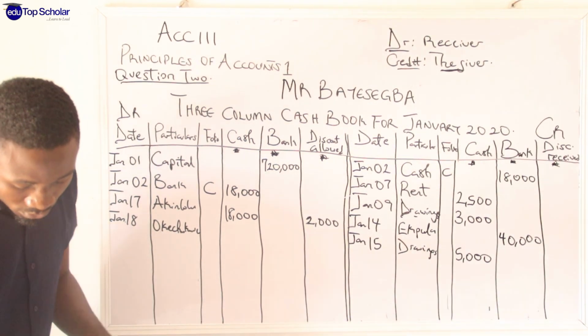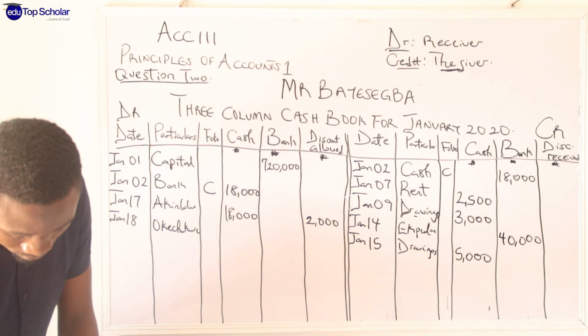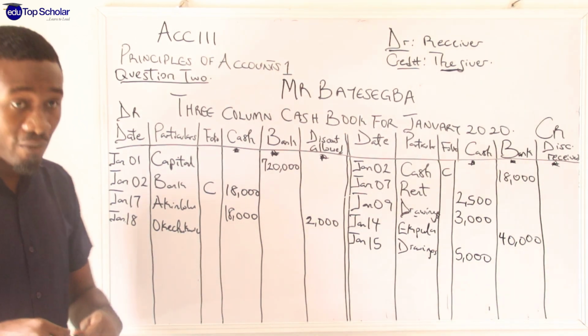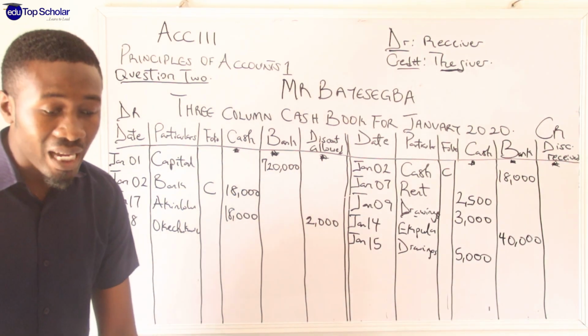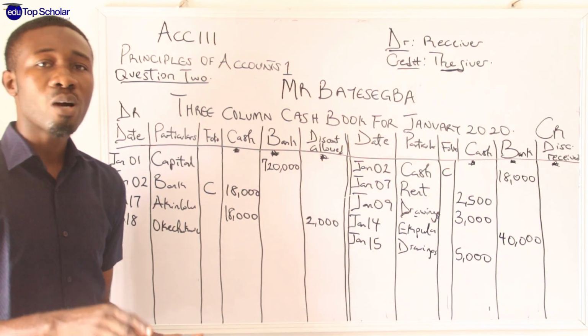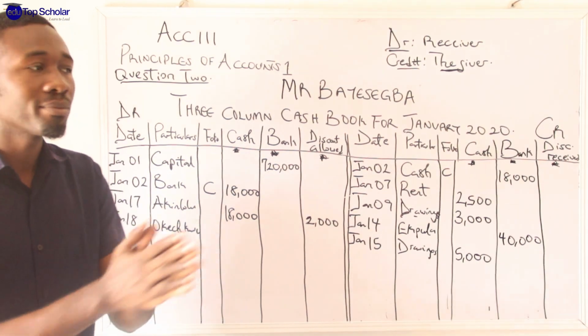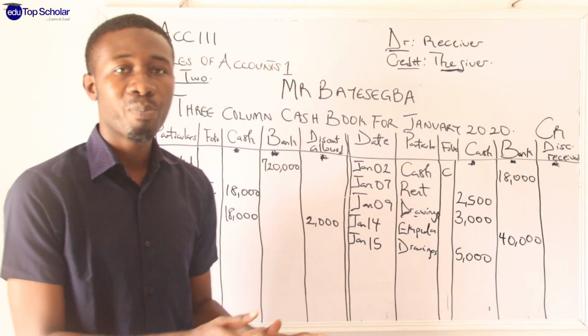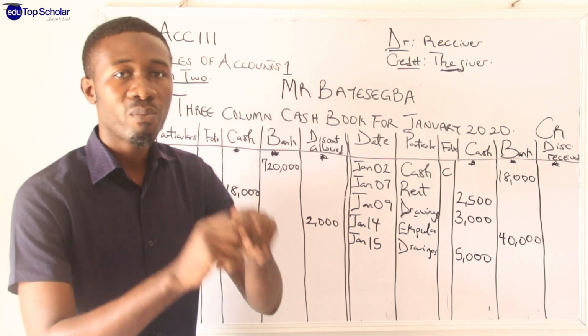This transaction involves discount. So he paid 95,000 naira, and they told us that this 95,000 naira he paid was after a discount of 5% has been given to him. So the money was 100%, and we gave him 5%.